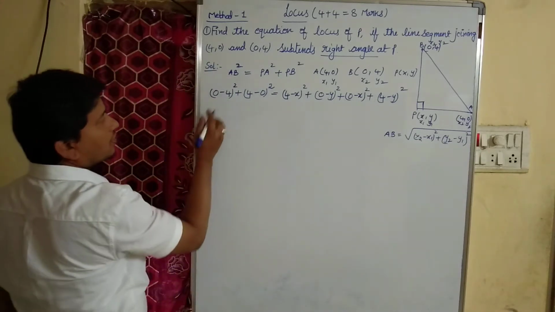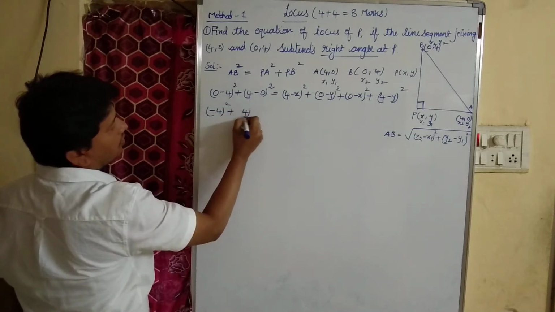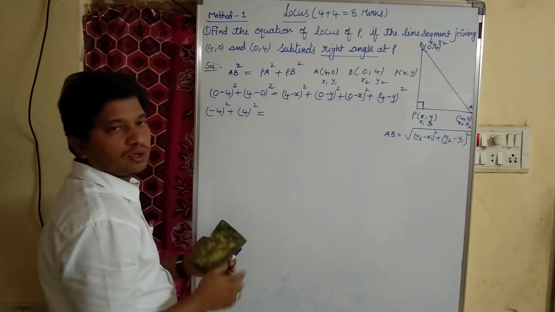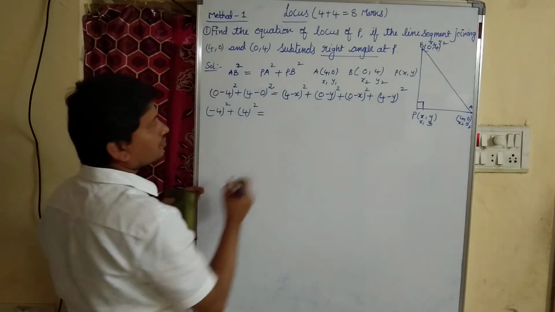So 0 minus 4 whole square, 4 minus 0, 4 square, equal to, so this is A minus B whole square, 4 minus x whole square, right?